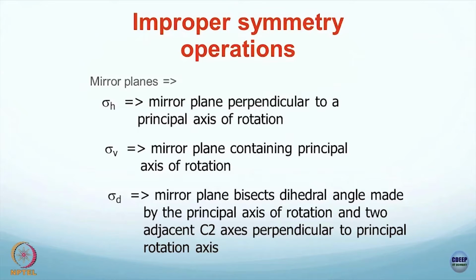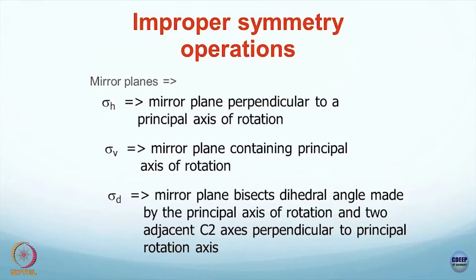So, the mirror planes can be of types like one, as I said, a mirror plane perpendicular to the principal axis of rotation. Okay. And then there could be another mirror plane containing the axis of rotation. Principal axis means the n-fold axis, with rotation angle 2 pi by n, where n is the maximum.